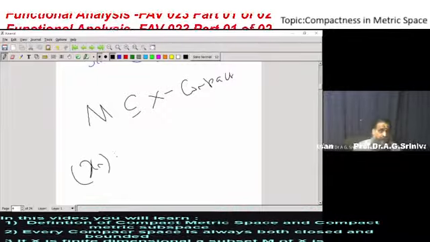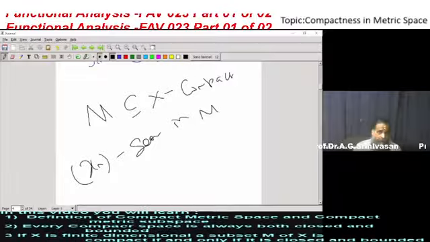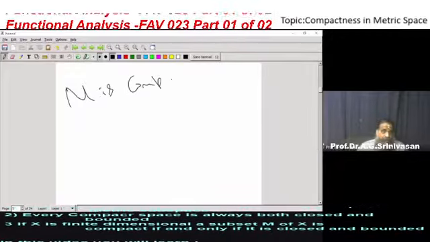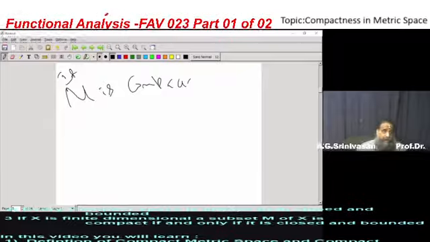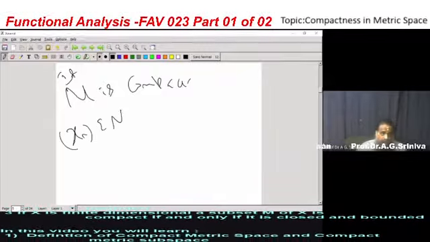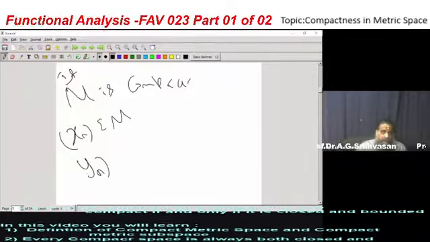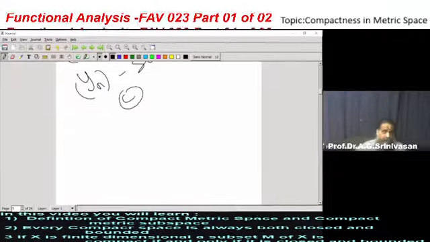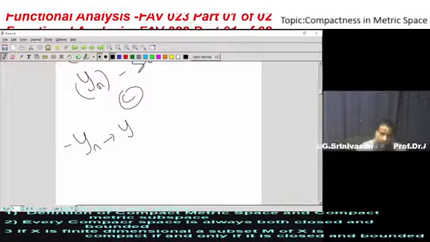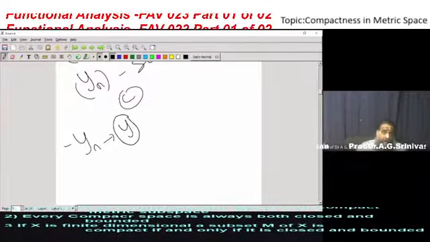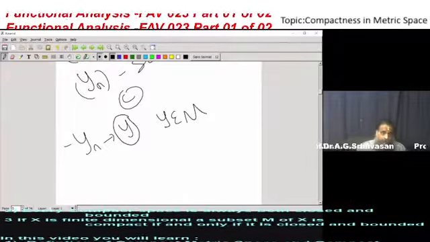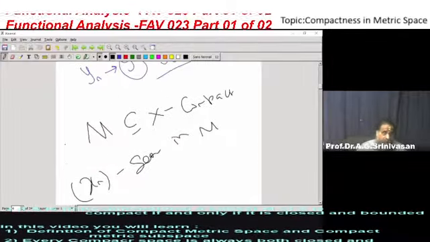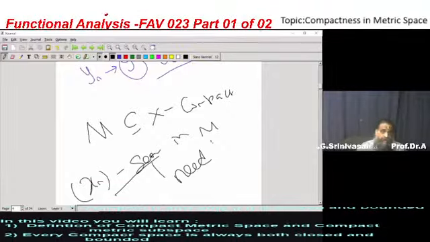You now take xn, a sequence in M. If M is compact, only if M is compact, then for this sequence in M, yn, a subsequence, a part of the sequence, converges to some Y, and this Y, that's the climax, belongs to M. Please remember, when I take a subset, the sequence we have taken need not converge.